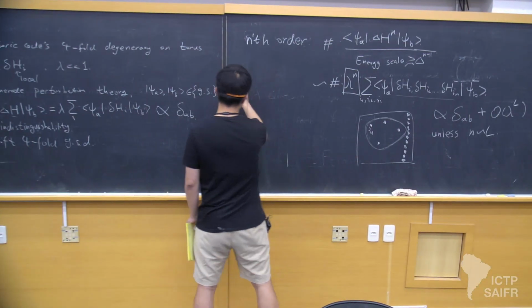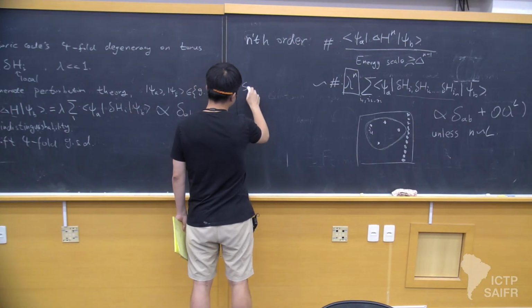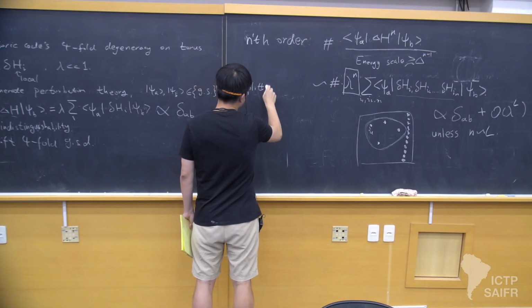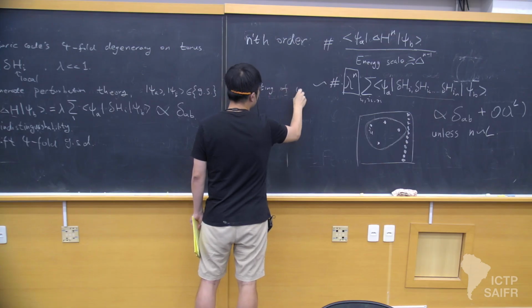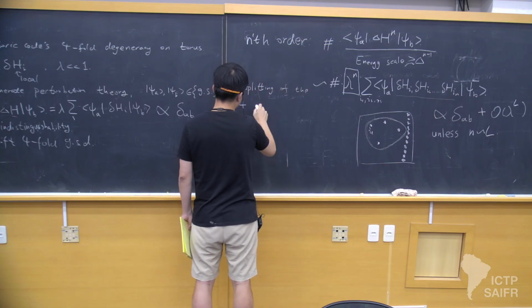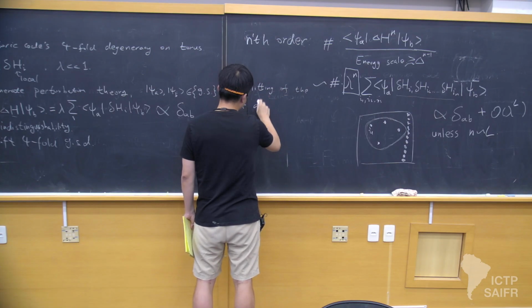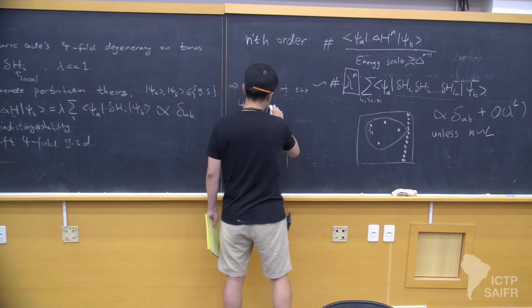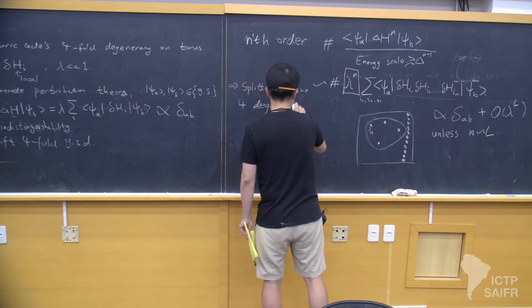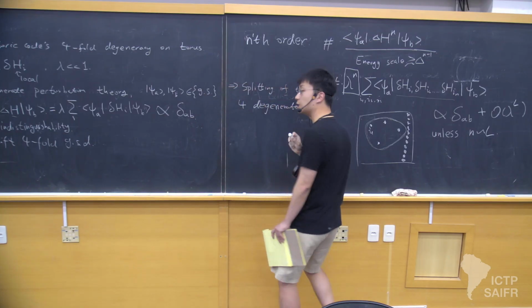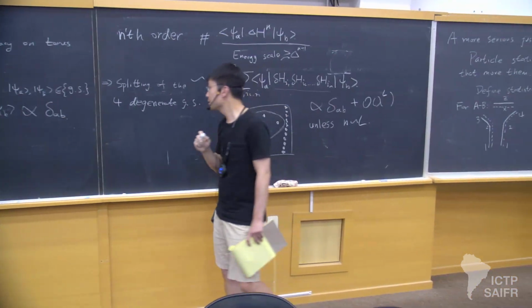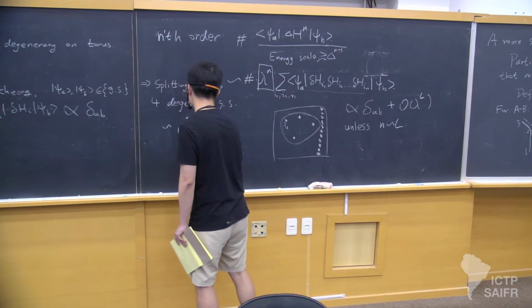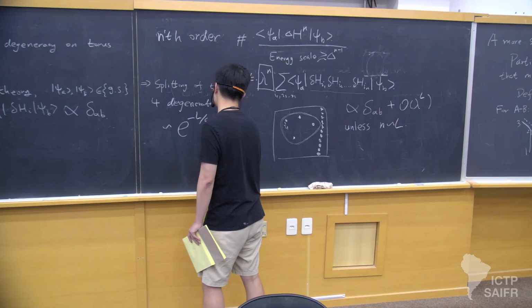But then you conclude that the splitting of the 4 degenerate ground states is exponentially small in system size. It goes as e to the minus L over some length scale.